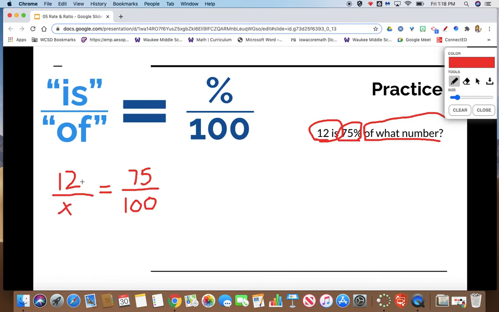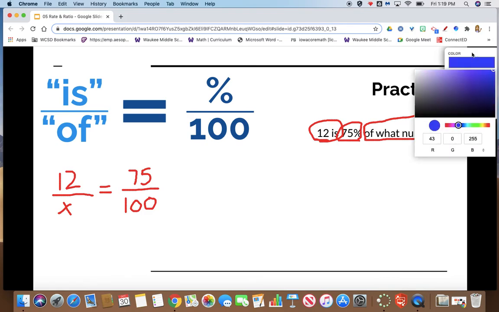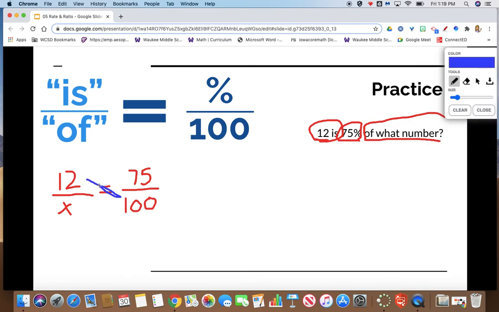Maybe on the last slide you were a little bit confused about my setup. Here's what I'm going to encourage you to look at. Where's the diagonal that you can see a number on both sides? Well, here's my diagonal where I have a number on both sides. So we're going to multiply those two numbers. 12 times 100, that gives us 1,200. And then we're going to divide by the last number that we haven't used yet, which is 75.